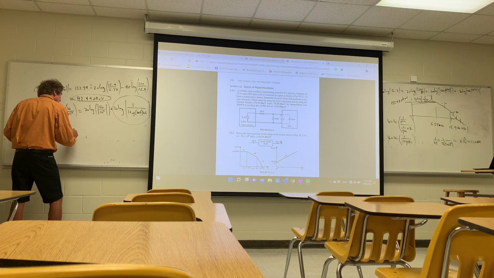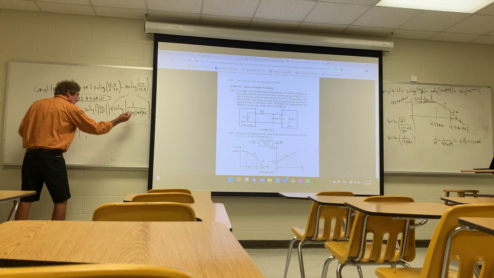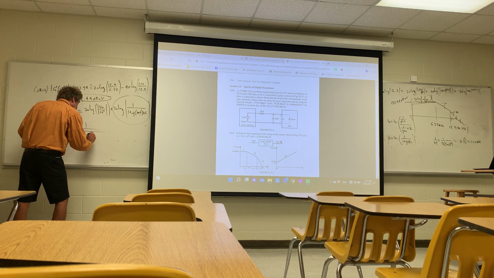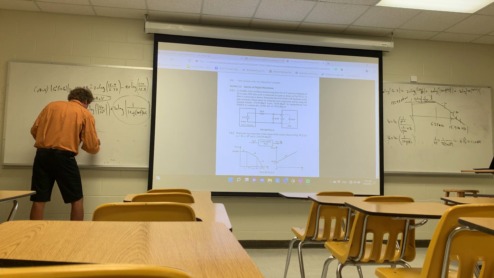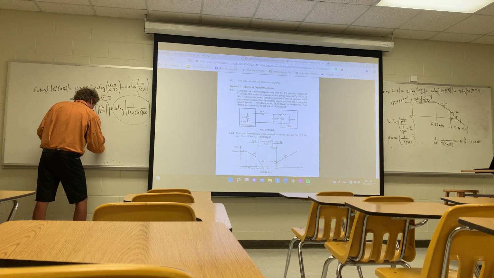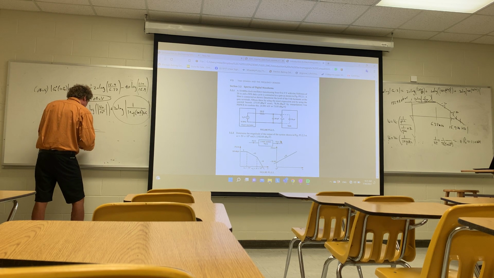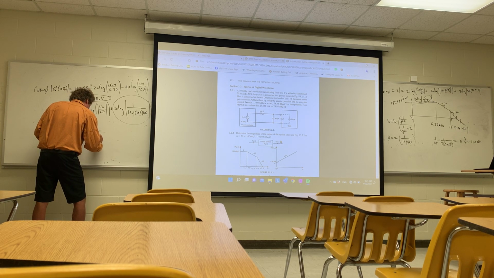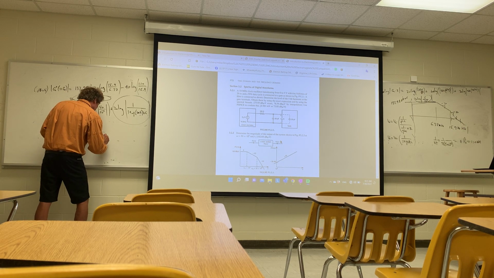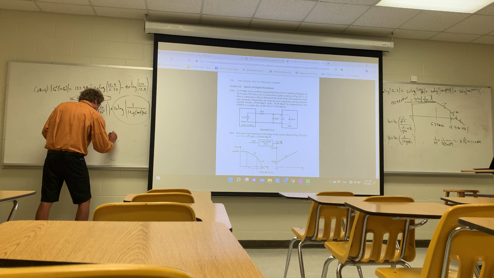So what we actually need is the value of 20 times the log of magnitude 1 over, and you have to take the square root of 1 plus, and this is going to be 2 pi times 110 megahertz. So it's 2 pi times 110 times 10 to the 6. And then it's going to be times C. And C is 70 picofarads. 70 times 10 to the minus 12.